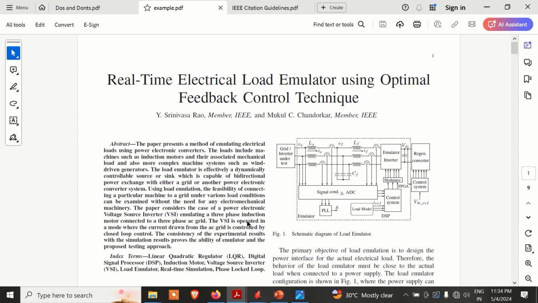I will quickly show you my paper which I published during my research at IIT Bombay, in electronic systems, in IEEE Transactions on Industrial Electronics.